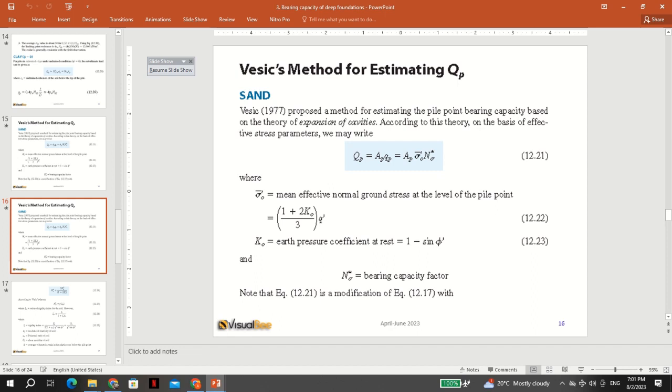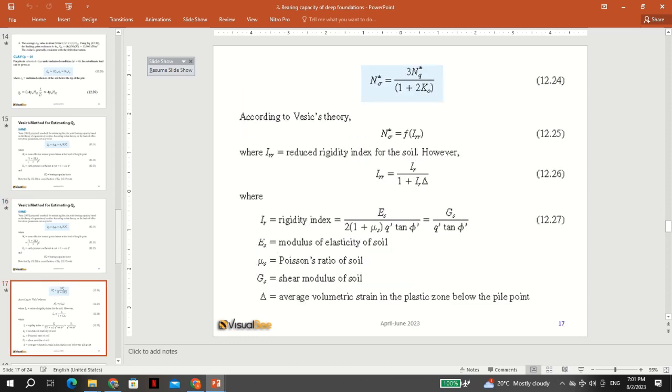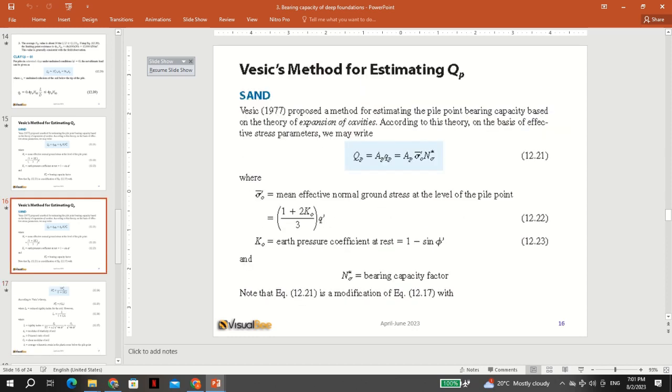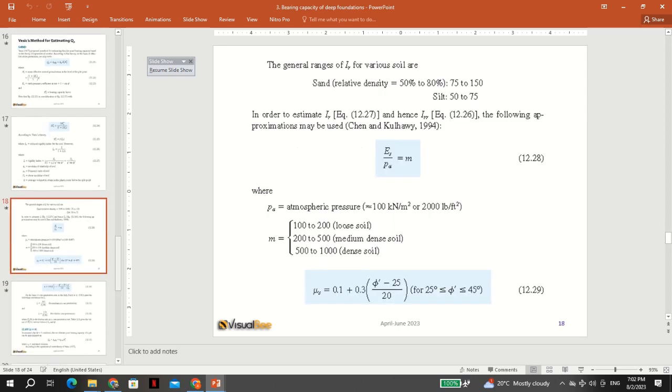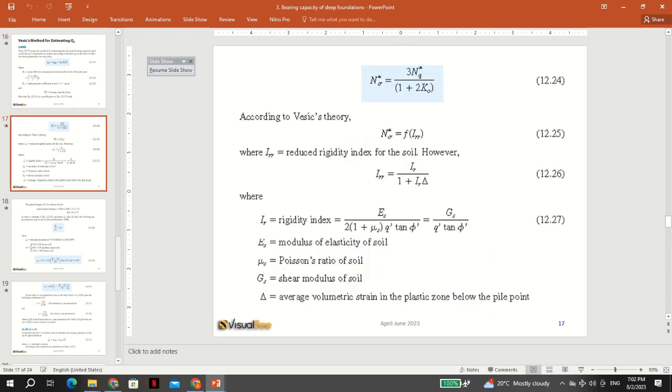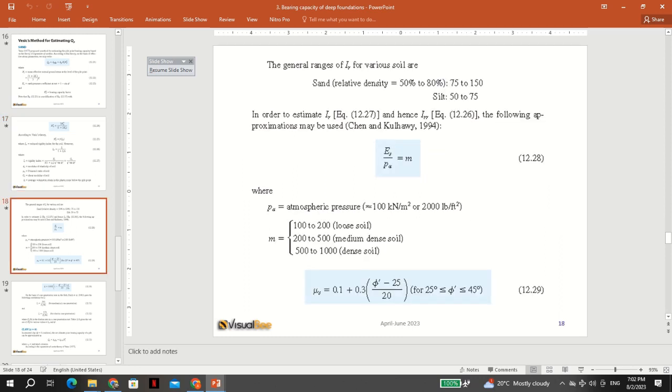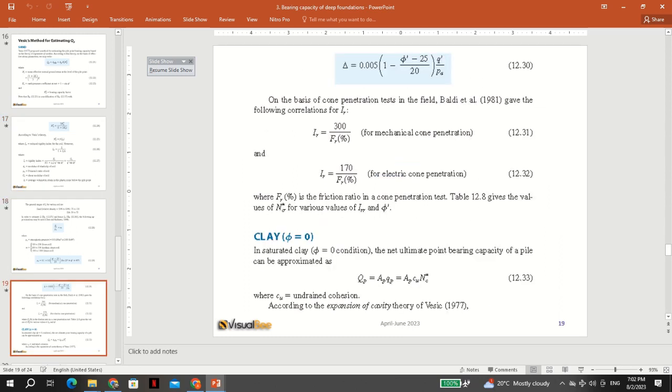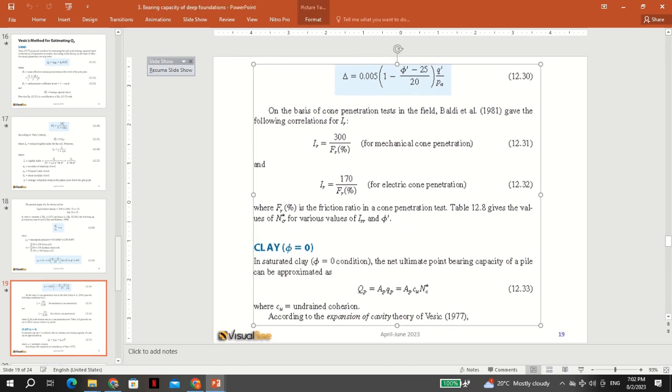What I'm showing you is just to help you know where you can find more information. On Vesic's method, this one is for sand, but we are talking about clay. So for clay, on Vesic's method, this is the idea.